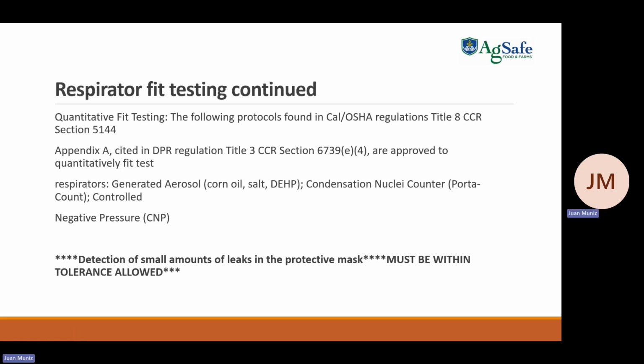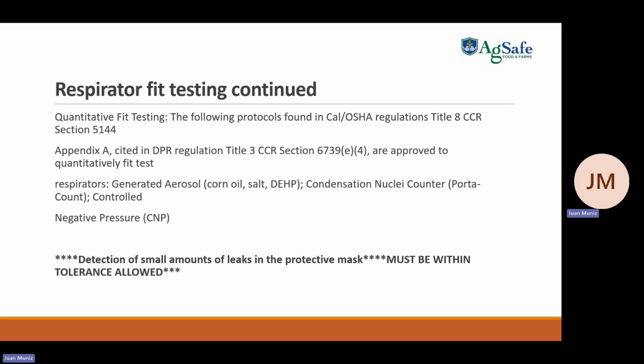Respirator fit test, continued. For quantitative fit testing, the protocols are found also in Cal OSHA regulation, Title 8, California Code of Regulations, Section 5144. Again, Appendix A will detail the equipment and the type of acceptable testing mechanisms for a quantitative test.